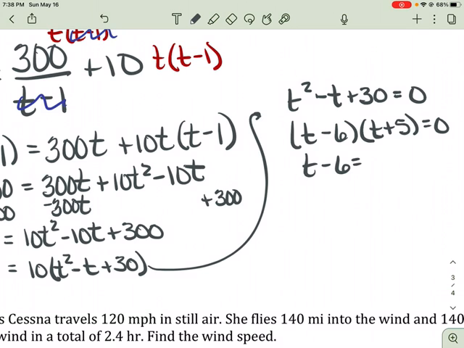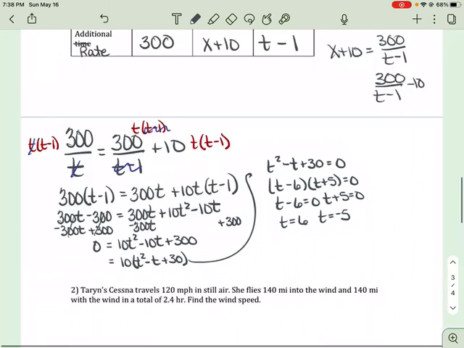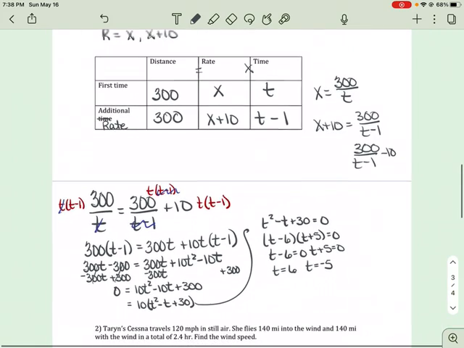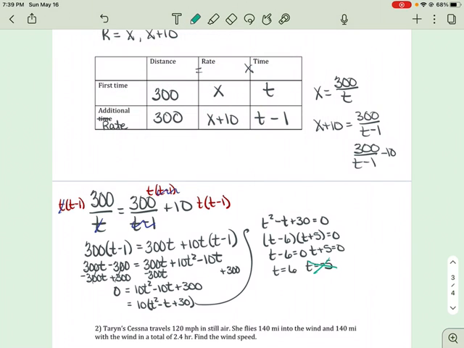Set them both equal to 0, so we get 6 and negative 5. It wouldn't make any sense for time to be a negative number, so that one is out.